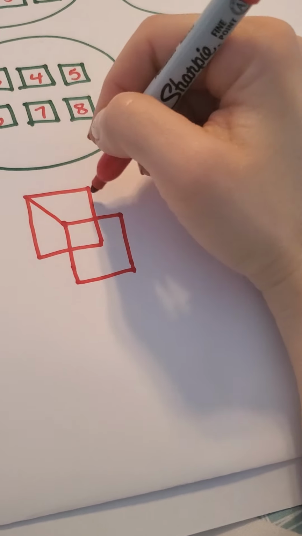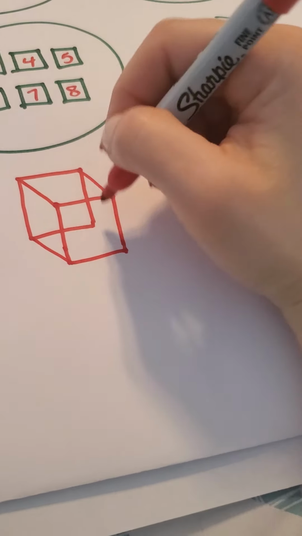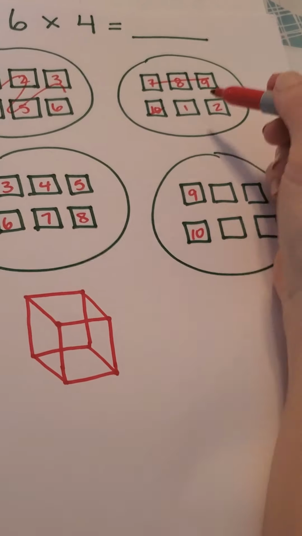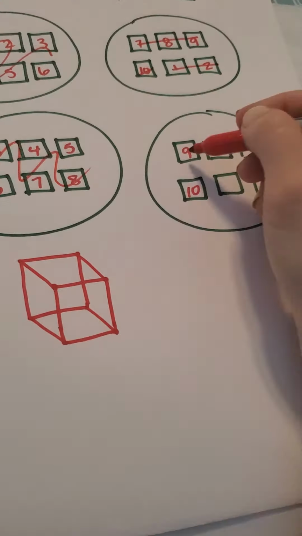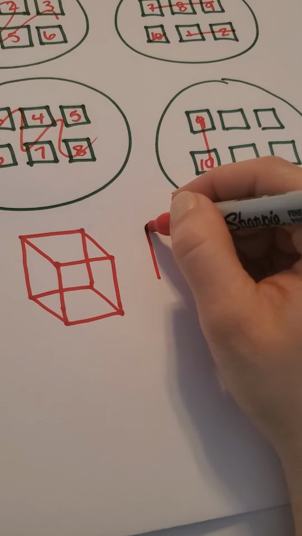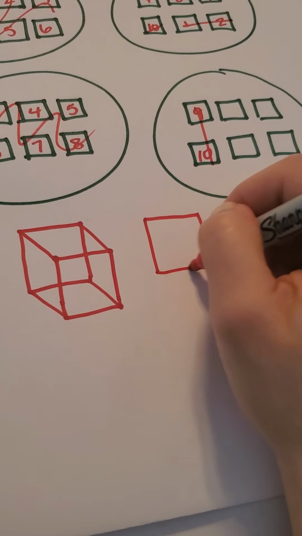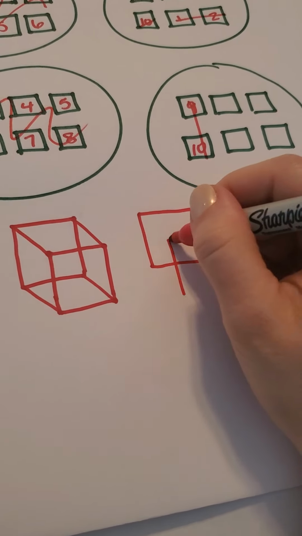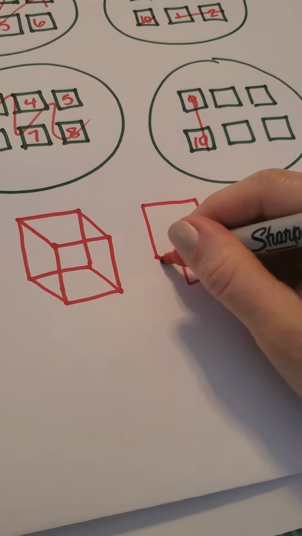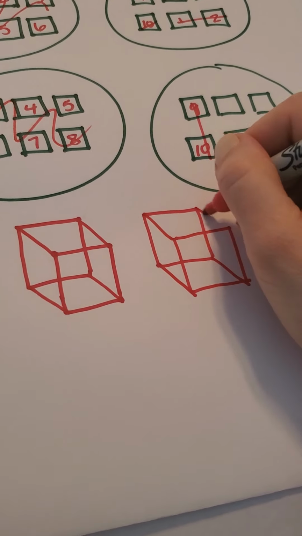And then I'm just going to connect my... Okay, so that's 1. And then I also have 1, 2, 3, 4, 5, 6, 7, 8, 9, 10 more flats. I'm going to build another cube. So this is how you can show me your regrouping here with a picture.